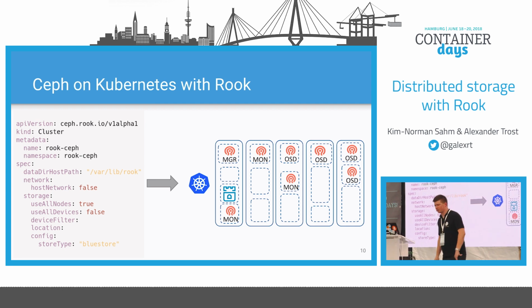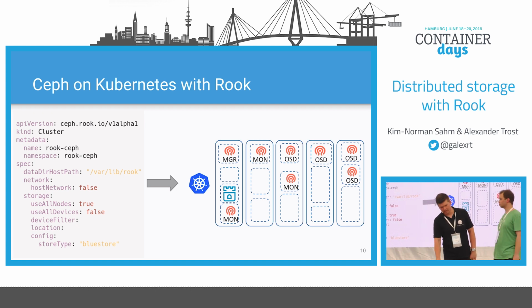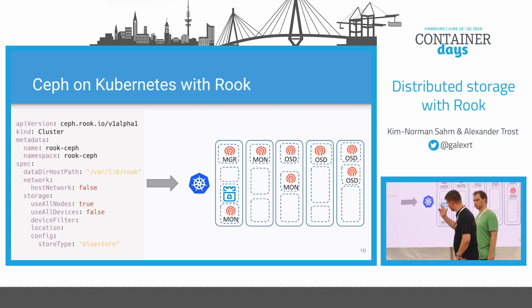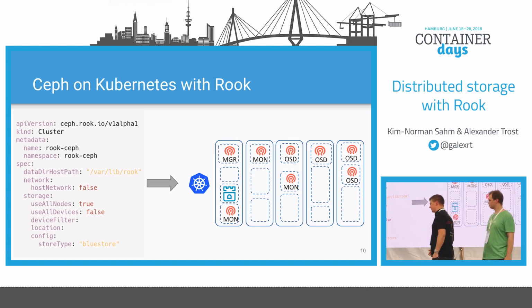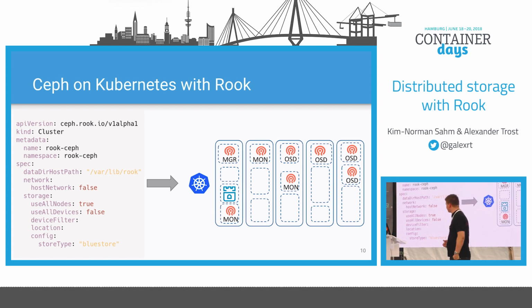We see the data host path. This data host path is the path on the Kubernetes nodes where all OSDs are mapped. The Ceph guys know this path like /var/lib/ceph/osd/ID. The storage part is where we can configure how our cluster is deployed.